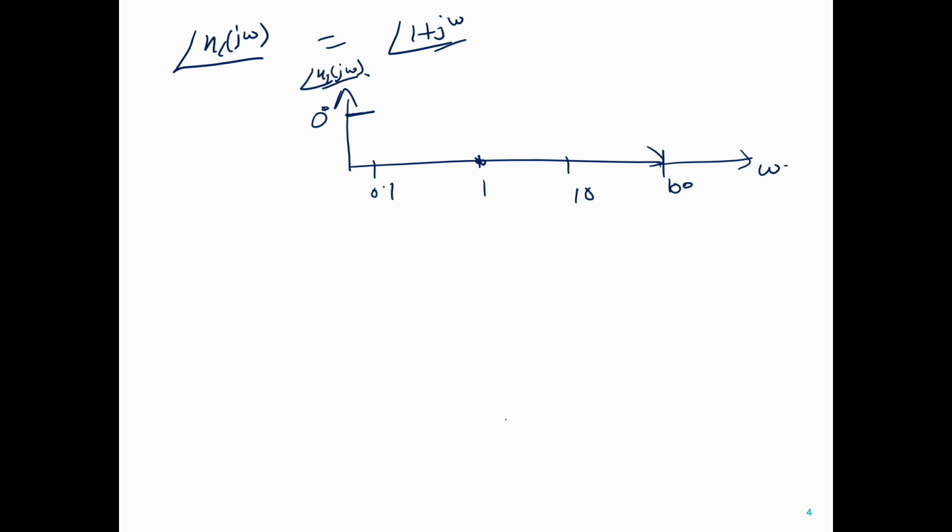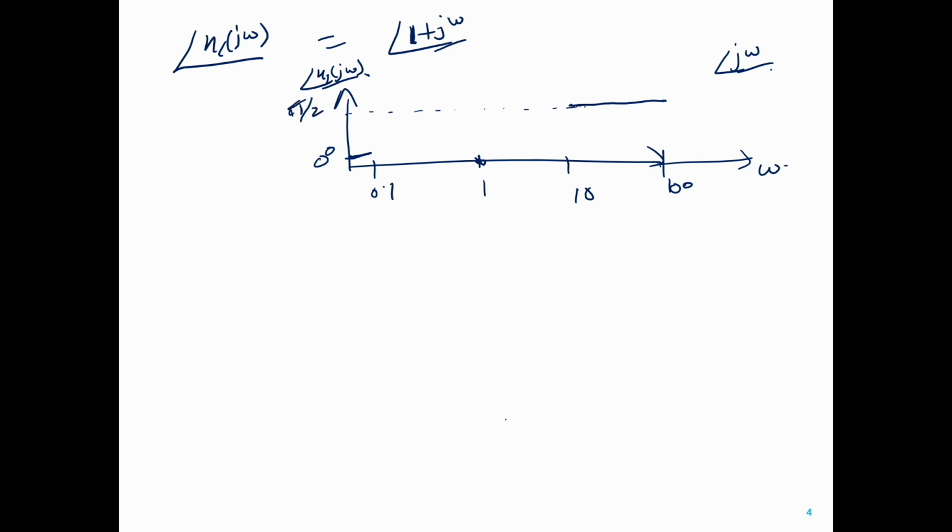Now at high frequencies, jω becomes significant enough. And what is the phase of jω? Because at high frequencies, you can ignore this 1. So the phase of jω is 90 degrees. So let me sketch this over here at 0 degrees. And at high frequencies, you know that the phase needs to be 90 degrees or pi over 2.